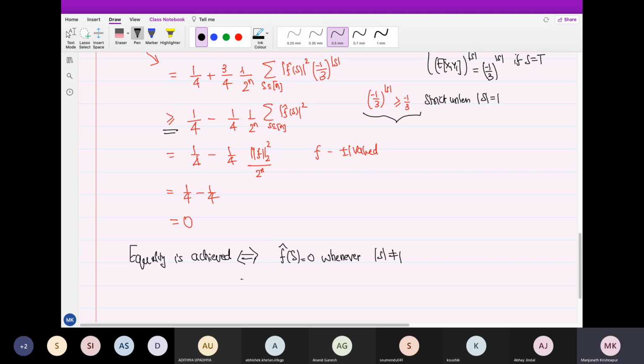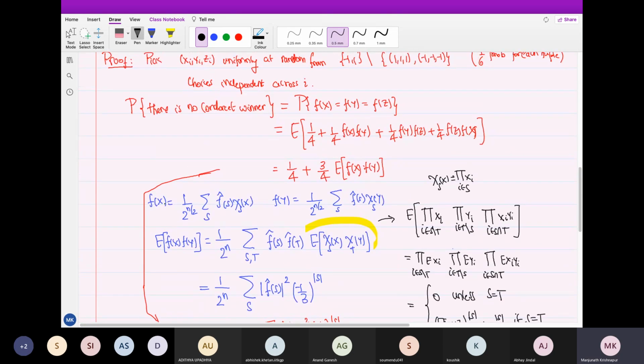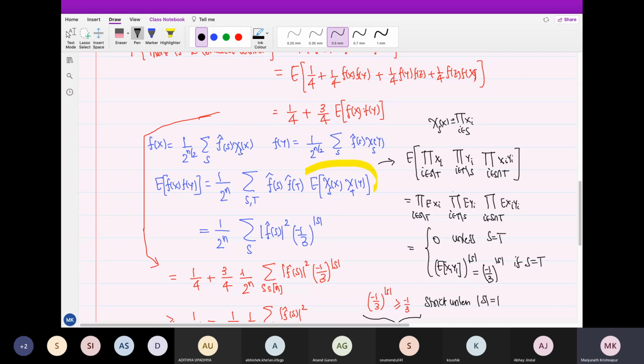So what is f? I have written the Fourier expansion here, right? f(x) is 1 by 2 to the n times the sum of f hat of s chi s of x. Now we see only singleton sets are there. So that means it is a linear combination of chi 1, chi 2, up to chi n.